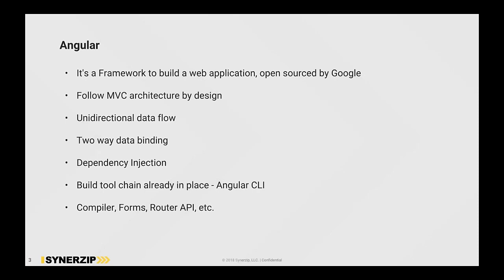And since Angular is a framework, everything, meaning all the other ecosystem pieces like the compiler, the forms API, the router API, or the internationalization API, you will see in the Angular ecosystem itself.